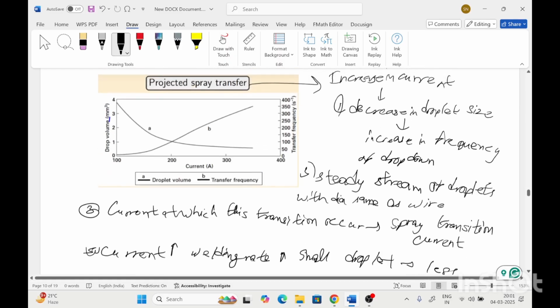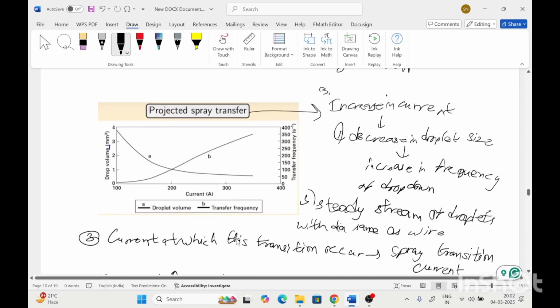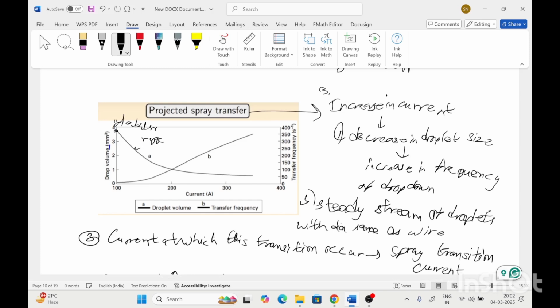If we understand this graph, it is drop volume versus current. With increasing current, the transfer will change from globular to projected spray transfer. For lower current, the transfer is globular. For a higher current, it is ripple. And at this position, it becomes projected.